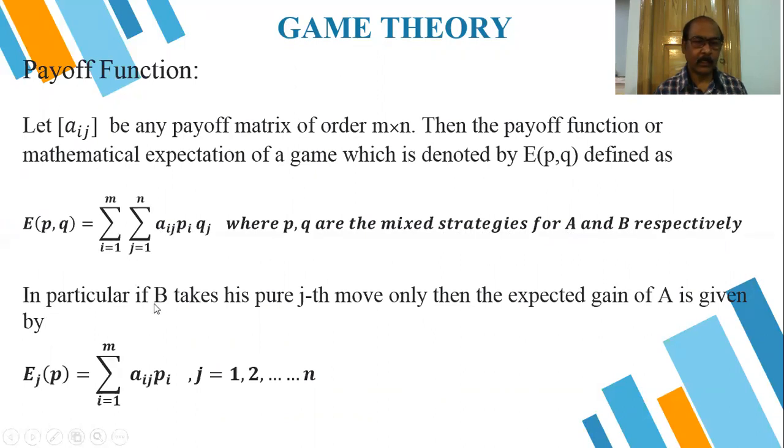In particular, if B takes the pure jth move only, then the expected gain of A is given by... Only we are considering when B takes the pure jth move.